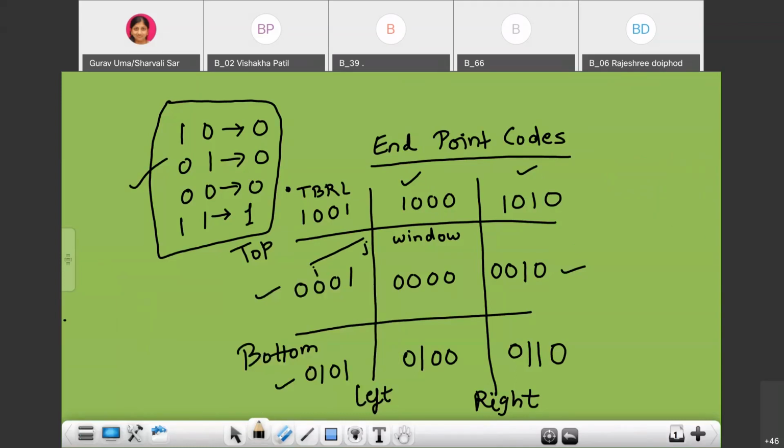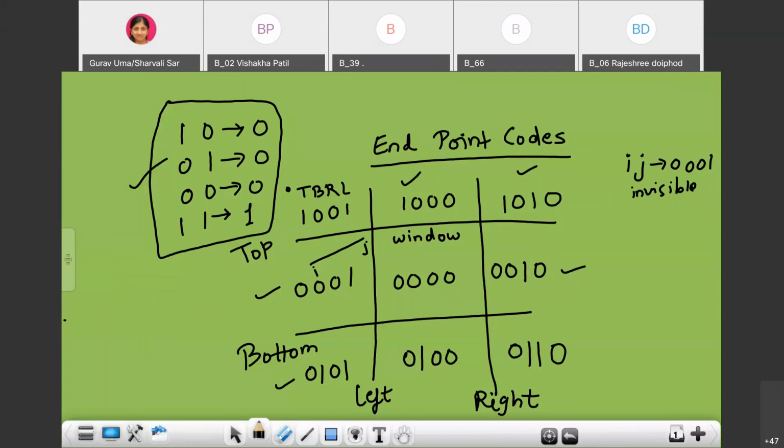The code of line IJ is 0, 0, 0 and 1. As it is not all 0, the line is invisible.